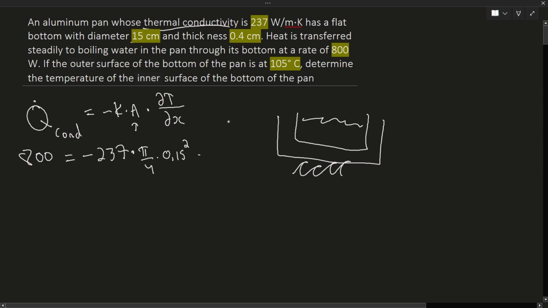Now, delta T and delta X, what is this? Like I said, in your first few chapters, delta T over delta X is just T2 minus T1 over X. It's just the slope of how the temperature is fluctuating in the body, okay? So which one's T1, which one's T2? T1 is where the heat is first touching, and T2 is where the heat is traveling to.